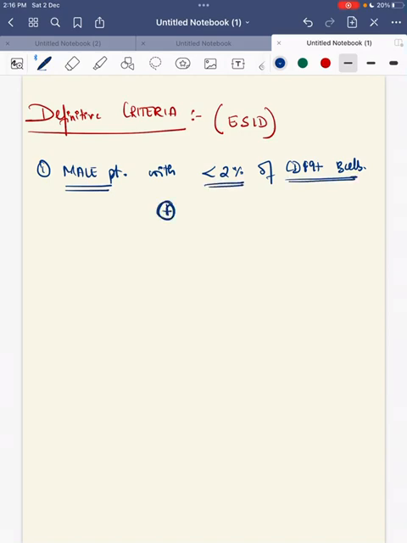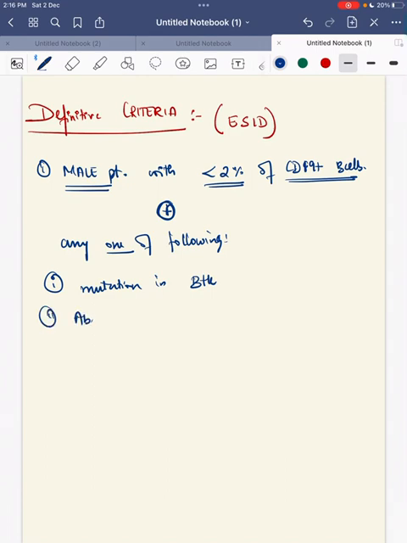Along with this, any one of the following: first, a mutation in the BTK gene. You have to show the mutation in the BTK gene.